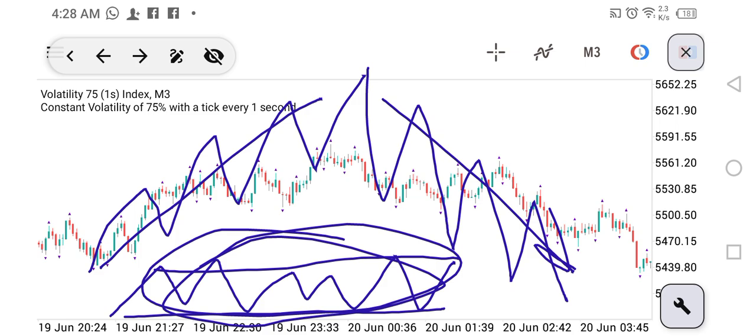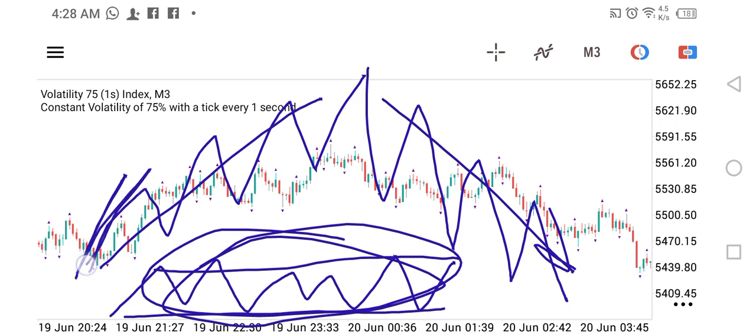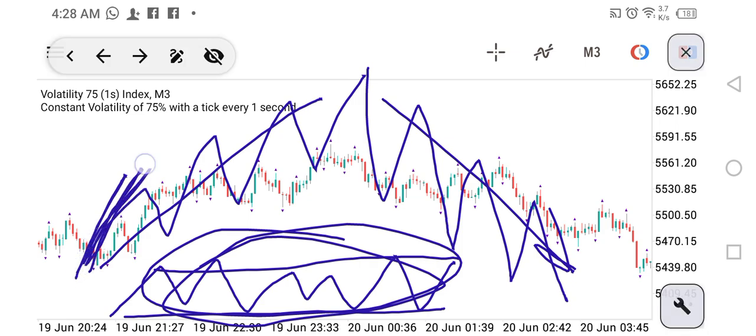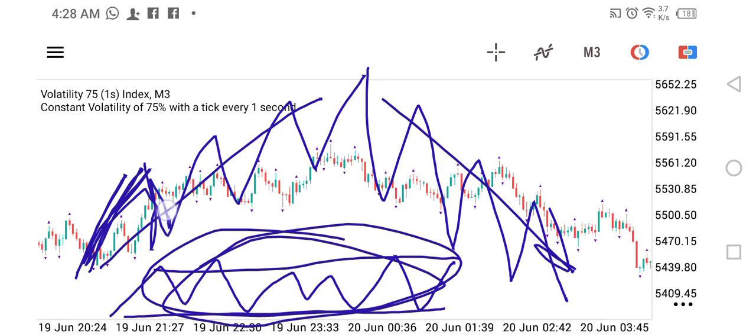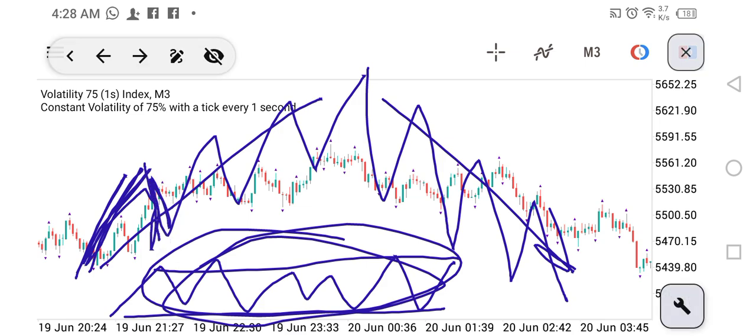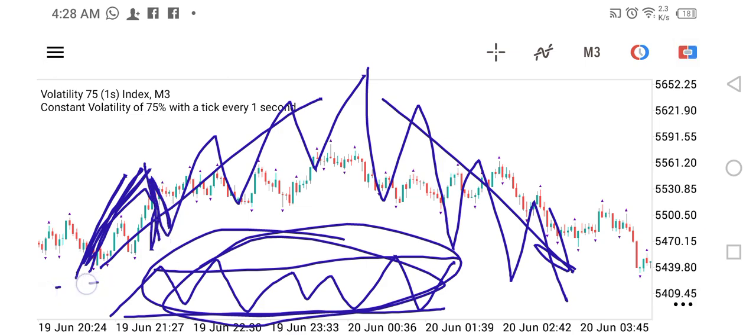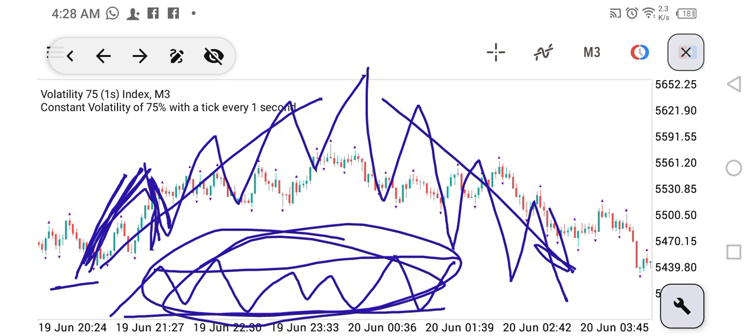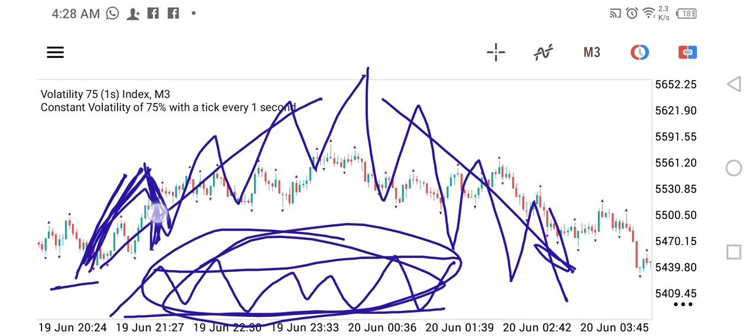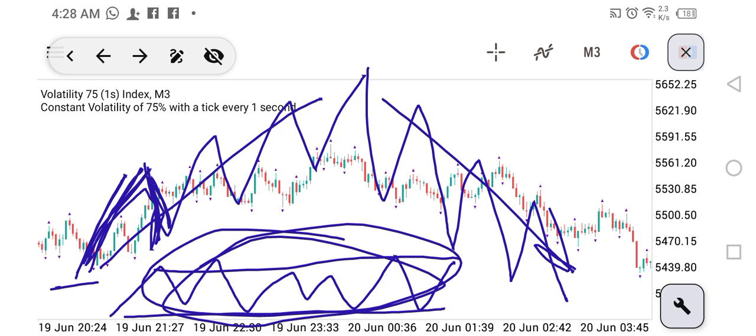Okay, now this uptrend has this move that we call an impulse move. This one that moves down a bit but does not take out the previous structural point low is called a pullback or a retracement.